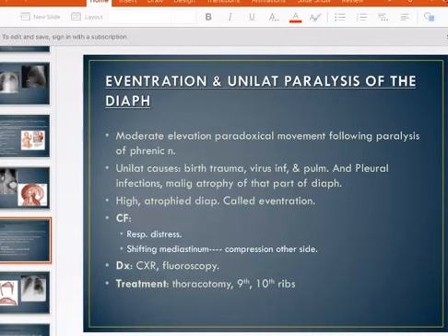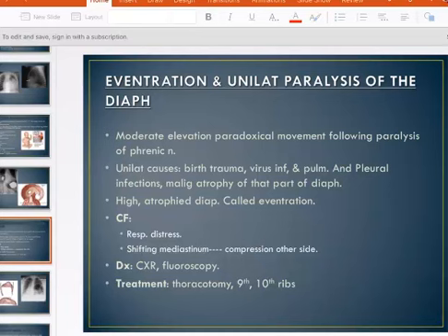This occurs either due to birth trauma, especially when delivery is done at home, or a virus infection, or a pulmonary or pleural pathology affecting the phrenic nerve, or malignancy involving the phrenic nerve, or atrophy of that part of the diaphragm.